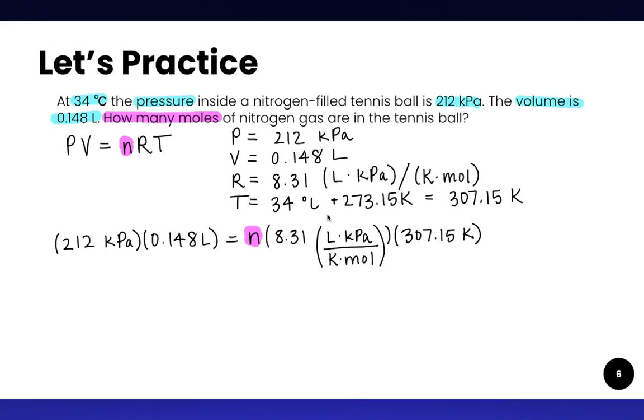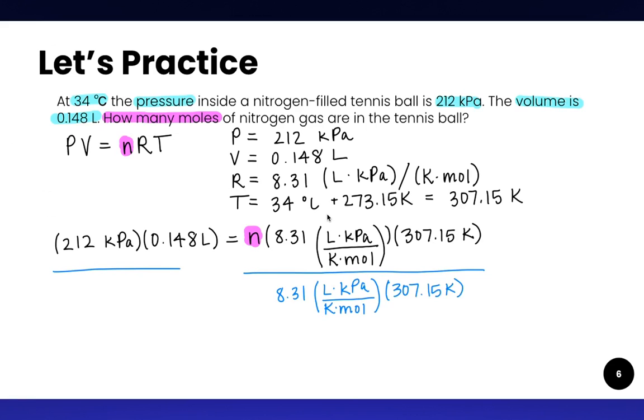So we actually have to divide by everything else on the right side of the equation. So it will look like this. And now it's important to check your units and make sure that you're going to end up in the unit you want to end up in. So we're going to cancel out everything except for N on the right-hand side.